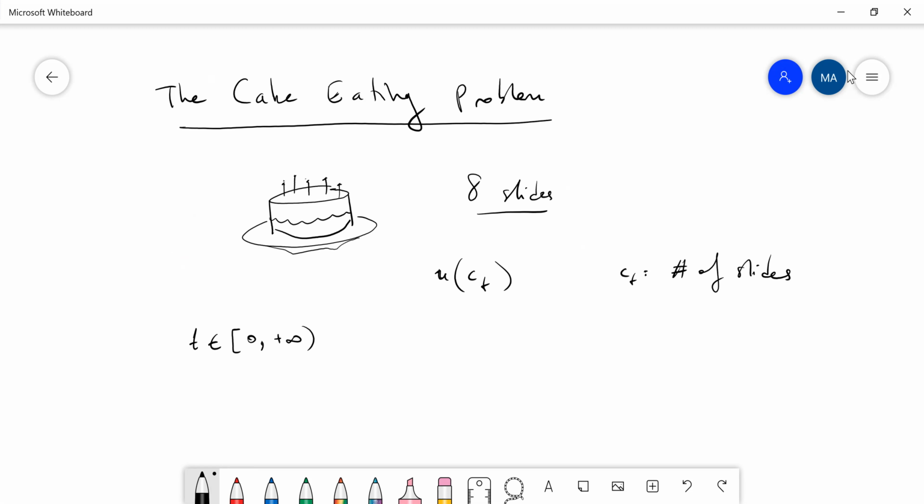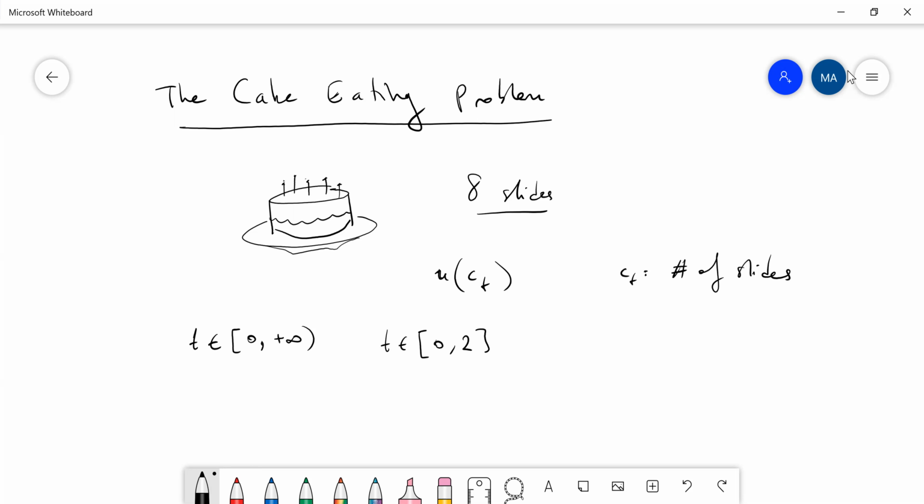And you want to maximize your utility from the consumption of this nice cake for, let's say, this interval, okay? So how do you define it?